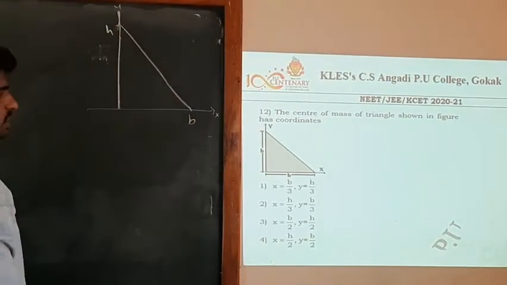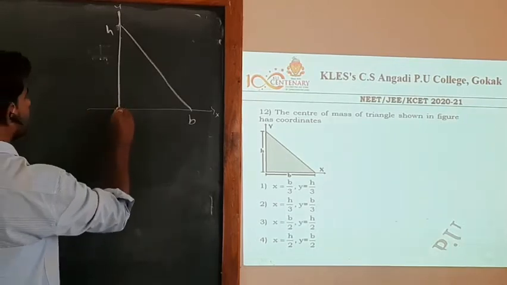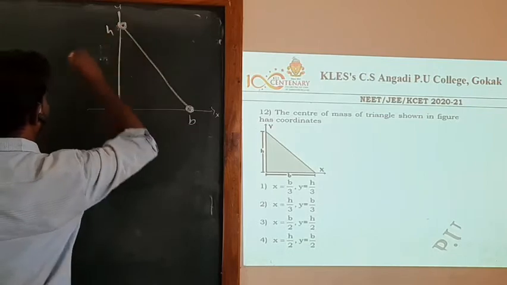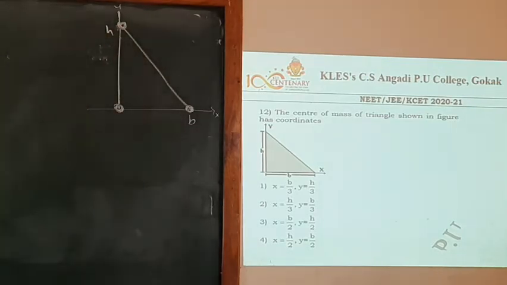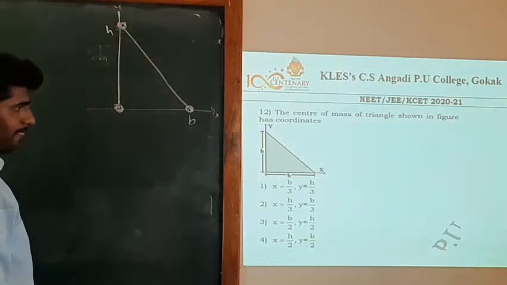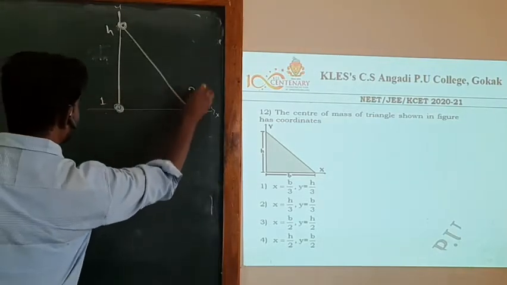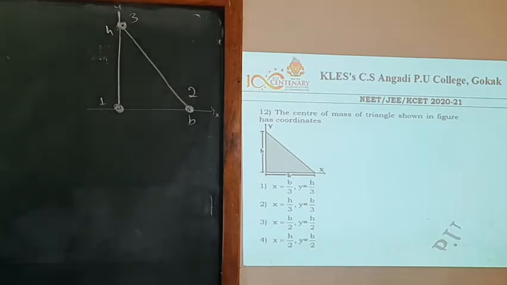To solve this one, I assume there are 3 particles of equal masses at the corners of the triangle. This is the first particle, this is the second particle, and this is the third particle.